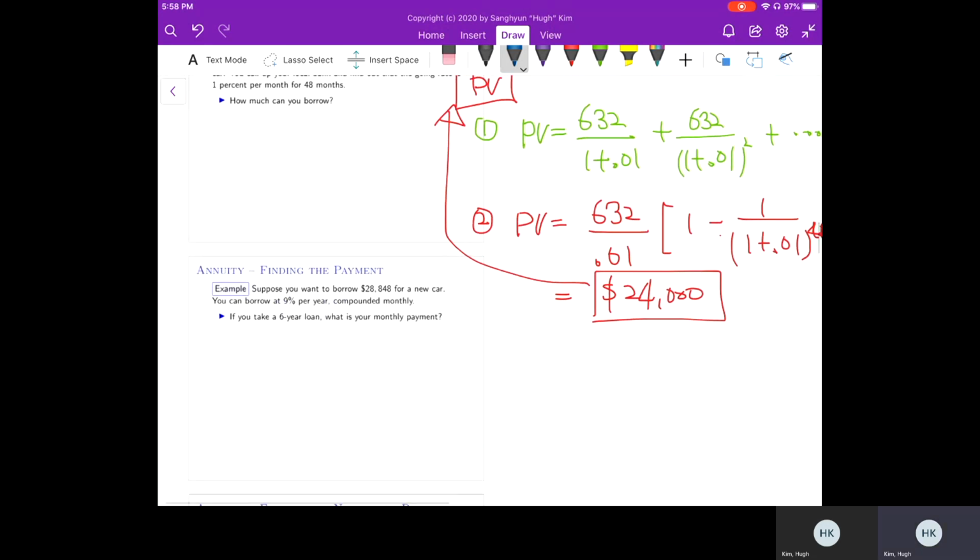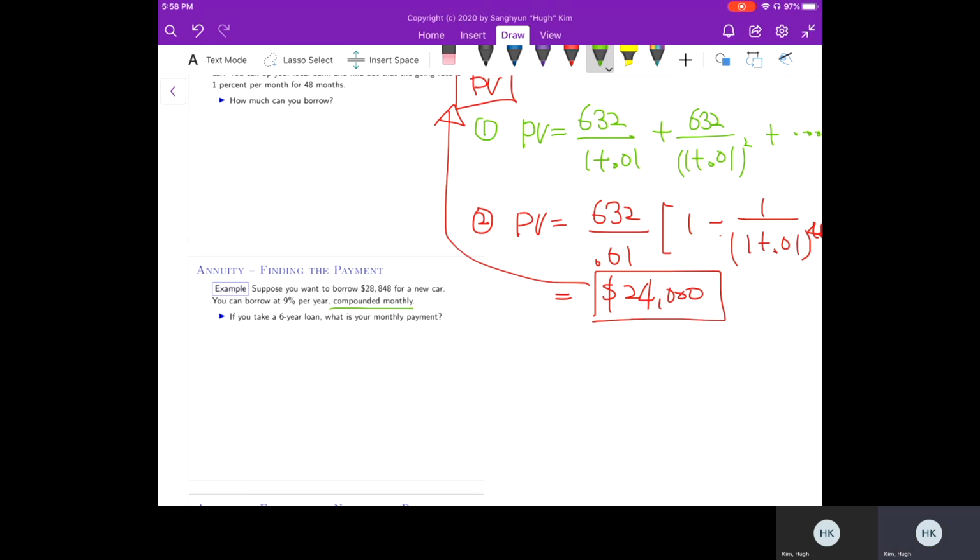So the next example, suppose you want to borrow $28,848 for your car. That's how much you need to buy your new car, and you can borrow at 9% per year compounded monthly.